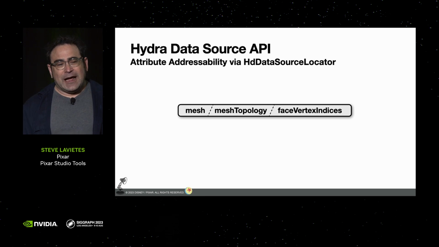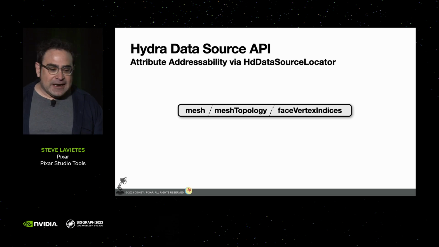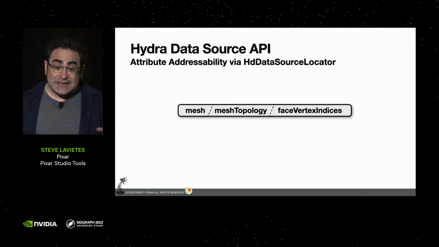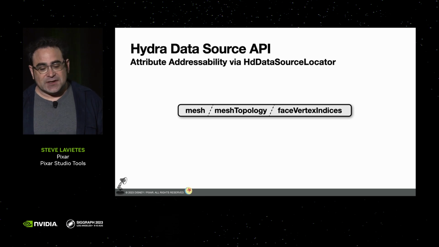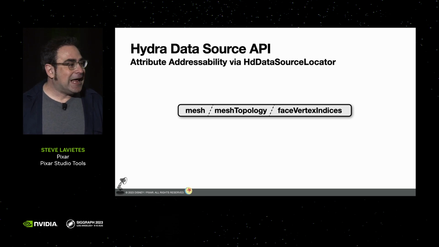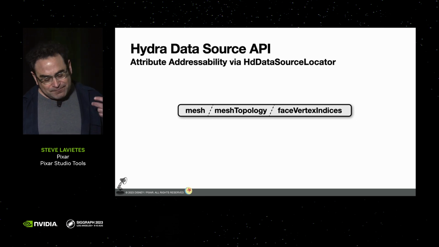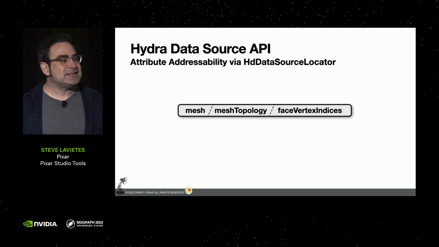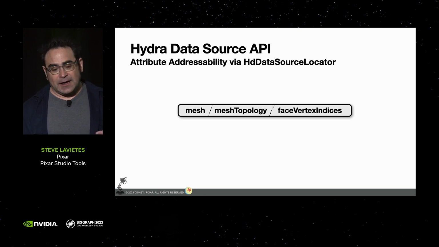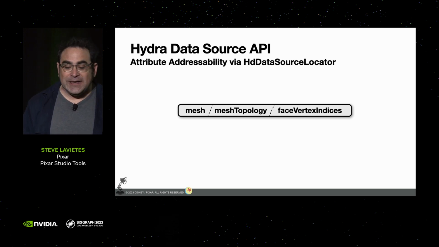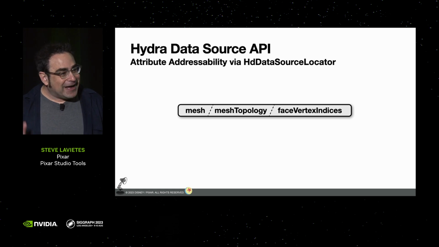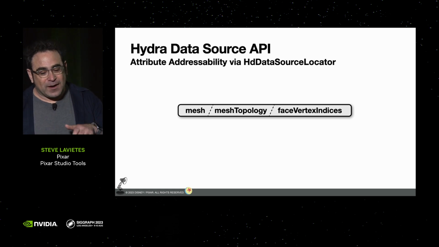So I mentioned that attribute data, even on a per prim basis, is hierarchical and structured, so we need a way to address that. So in USD, we refer to prims with an SDF path. And Hydra uses that as the identifier for Hydra prims as well, but we needed a separate path-like identifier for addressing attributes.